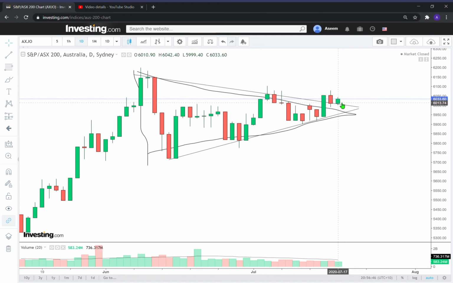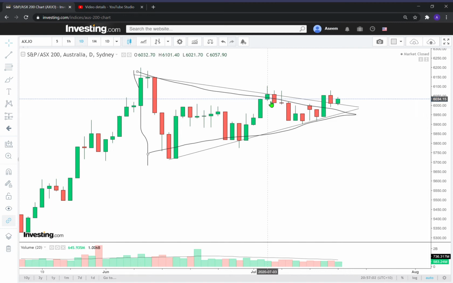And if you see this green candle here of 17 July, it's basically an inside bar, right? So it in itself shows a big bull thrust, and then 2 days of consolidation.